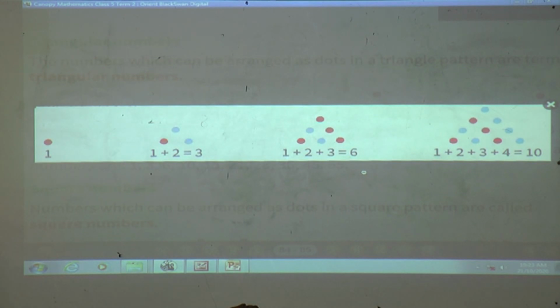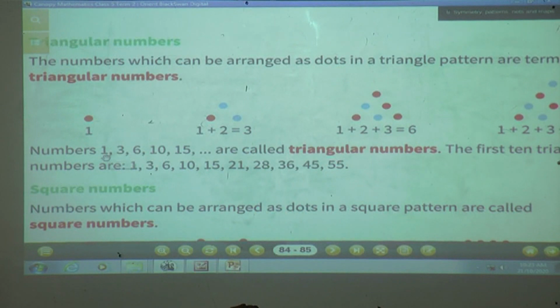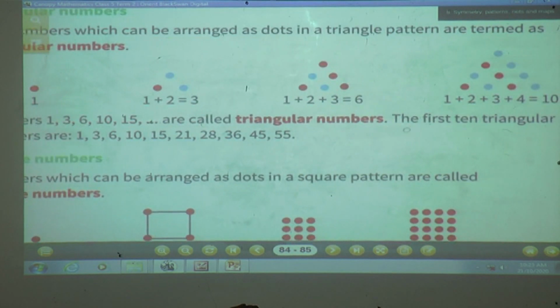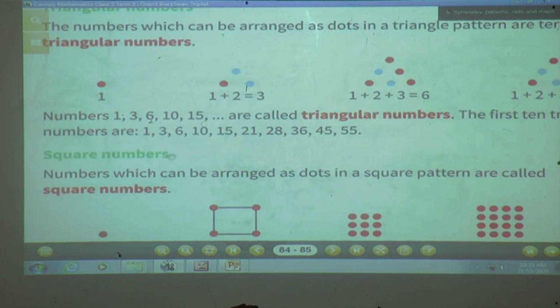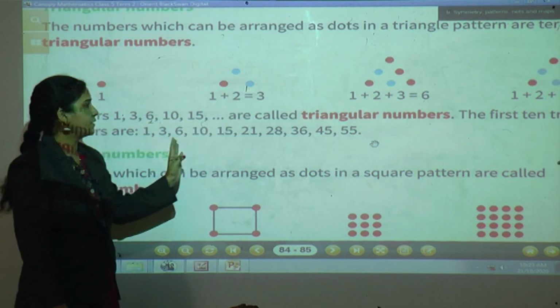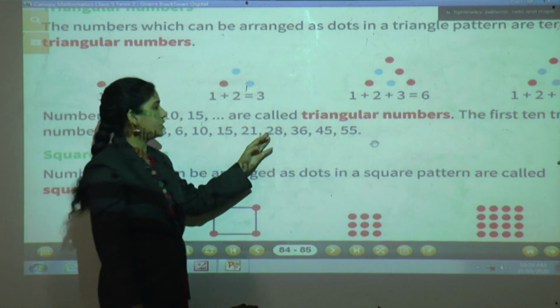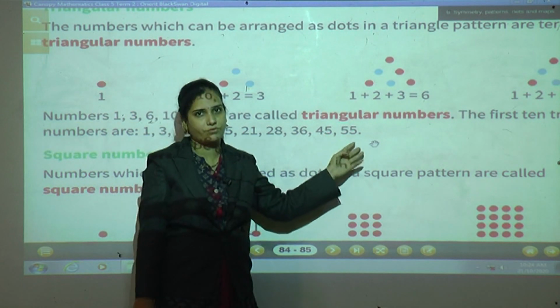Now students, here numbers 1, 3, 6, 10, 15 are called triangular numbers. The first 10 triangular numbers are, here they have given the first 10 triangular numbers. That means we can draw like this. See, 1, 3, 6, 10, 15, 21, 28, 36, 45, 55.